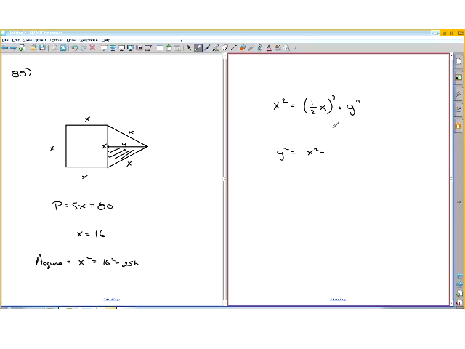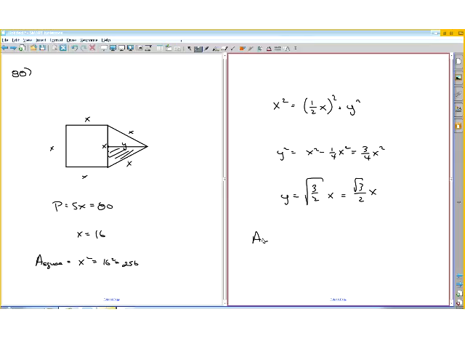So we get y squared is equal to x squared minus 1/4 x squared, so we get 3/4 x squared. Take the square root of each term. y is equal to the square root of 3 over 2 times x. You might remember this.